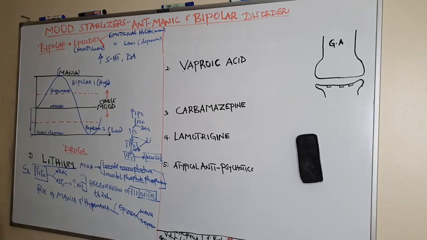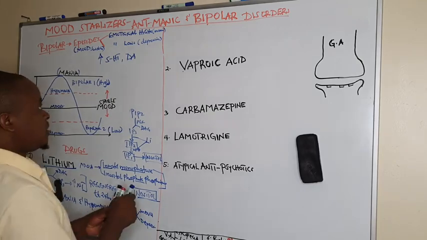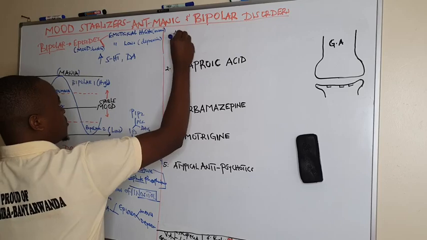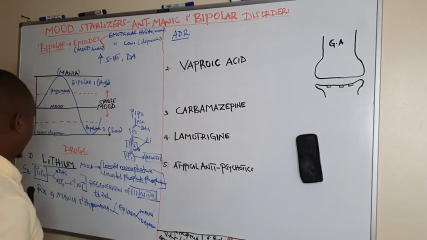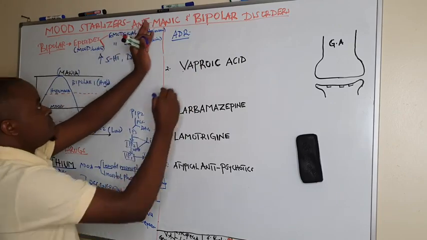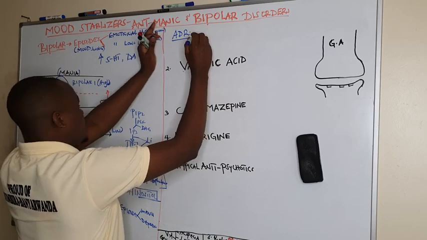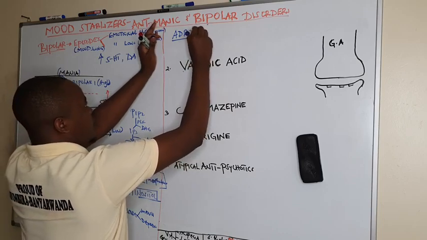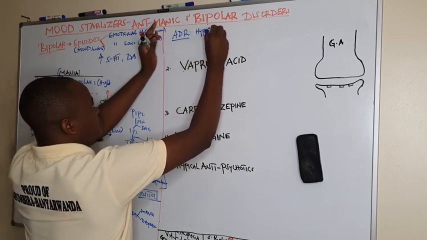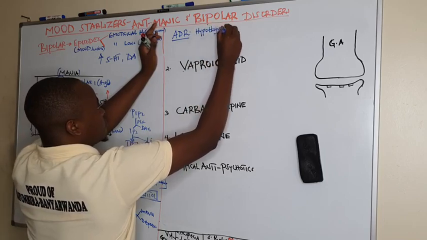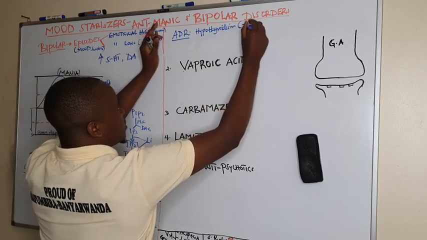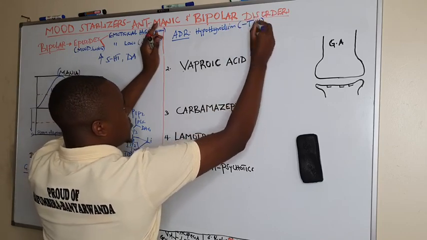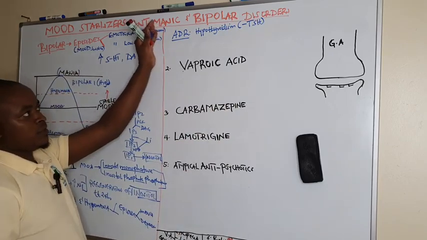And the adverse drug reactions, or the side effects of lithium: one of the side effects is hypothyroidism, whereby it inhibits production of TSH from the anterior pituitary gland.